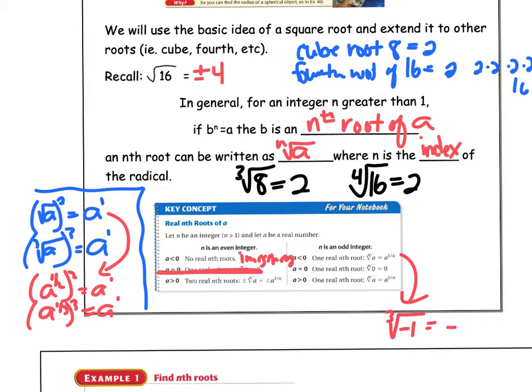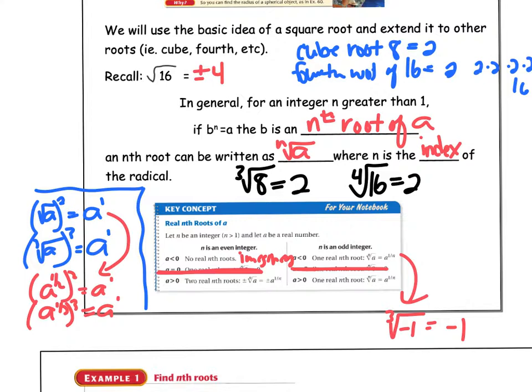And that answer is only a -1. A positive 1 wouldn't do that for you. So this is an example of your value under the radical being less than 0 or negative, and that you're going to have one real root, and in this case it's -1. Again, if a is 0 underneath the radical, your answer is 0. So we'll just cross that out because sometimes too much information can confuse us.